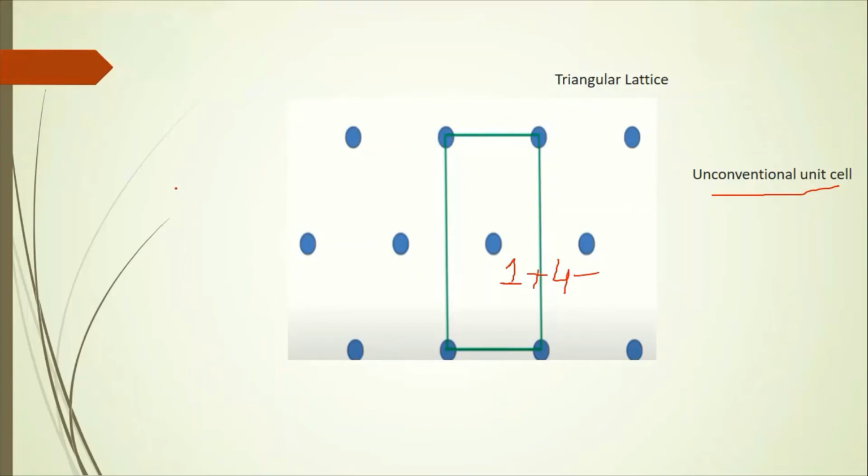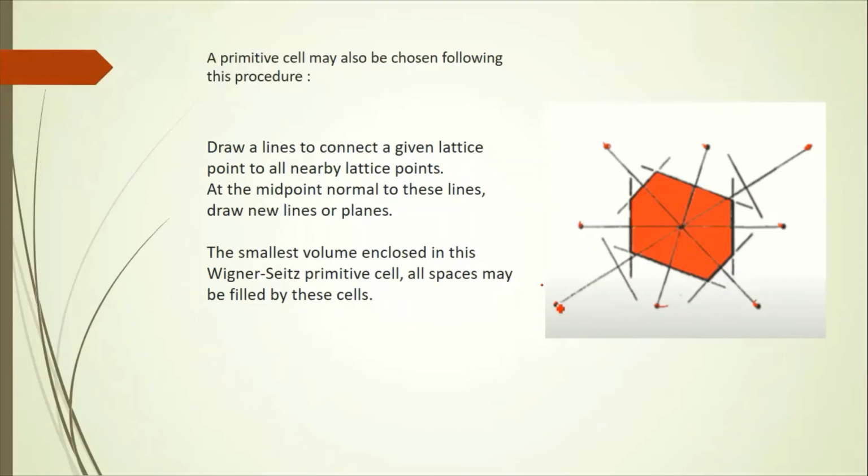Okay, we need to move to the next slide. So from this slide, a primitive unit cell for a complicated lattice, we can also get the other ones.